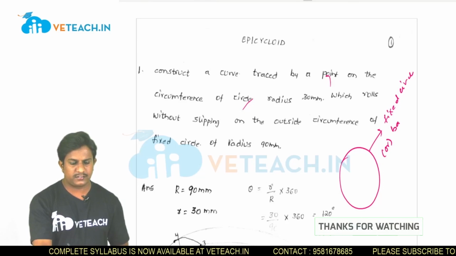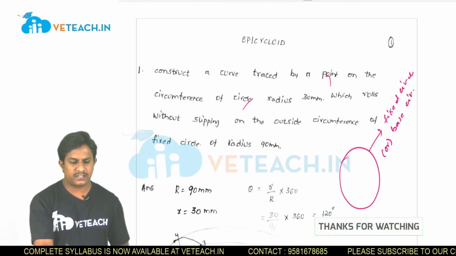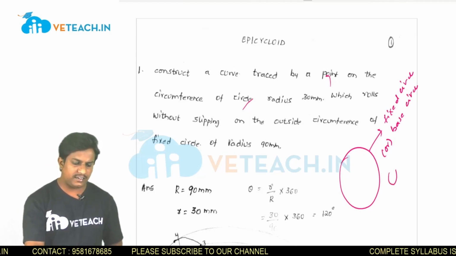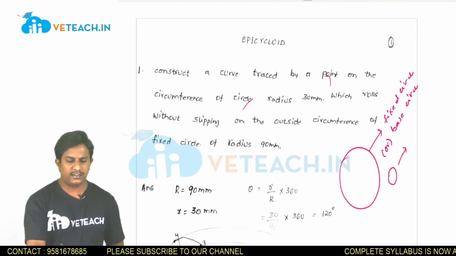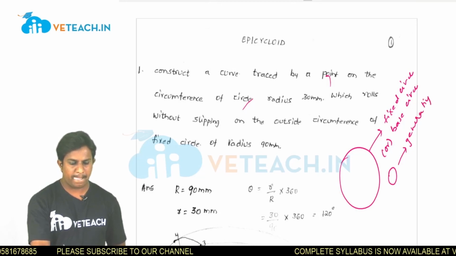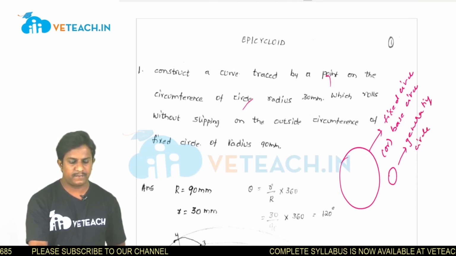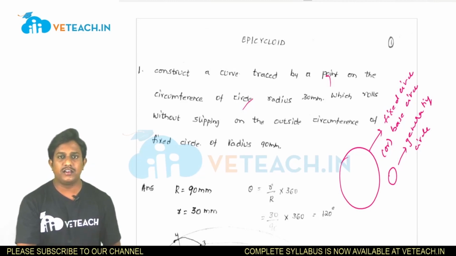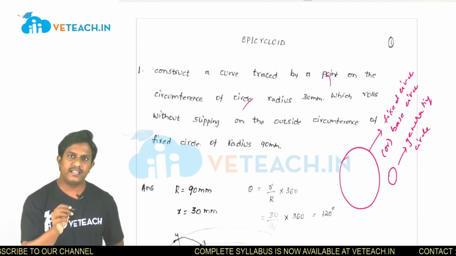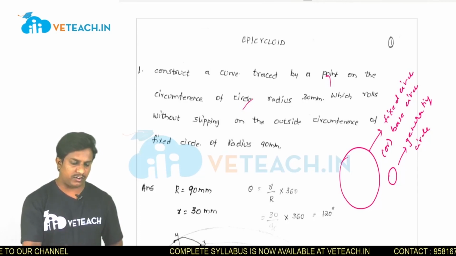We can call it the fixed circle or base circle. This is always fixed, and the other circle, the small circle, we call the generating circle. If the generating circle rolls outside the fixed circle, then it is called an epicycloid.